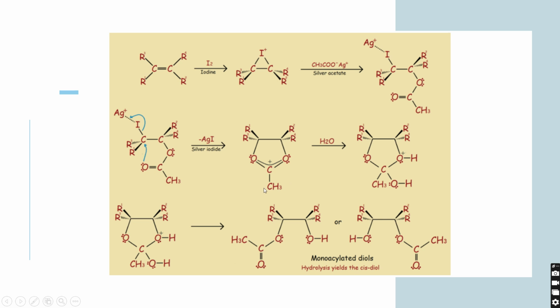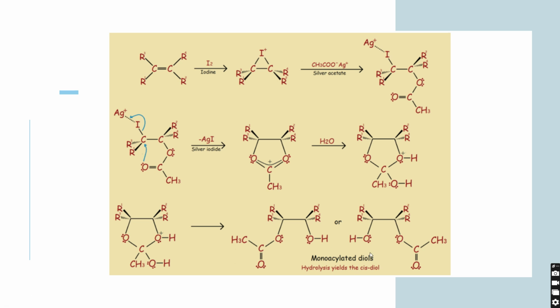We have now this 5-membered cyclic intermediate, which is protonated as we have protic source present in the reaction condition. So protonation of either of these two oxygen atoms will take place, which will be followed by ring opening reaction to give us this monoacylated diol.